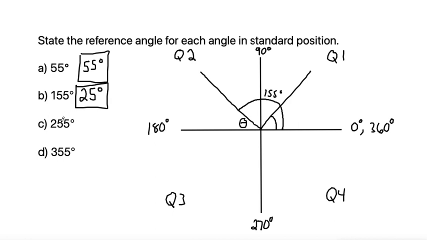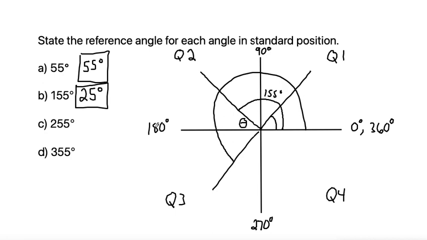So the next one is 255 degrees as our angle in standard position. So that's going to be between 180 degrees and 270. So we're going to be somewhere here in quadrant 3. And we know that we're 255 degrees. So this is 255 degrees.